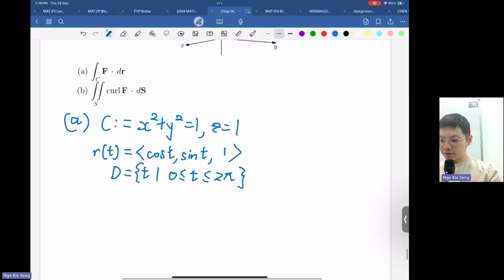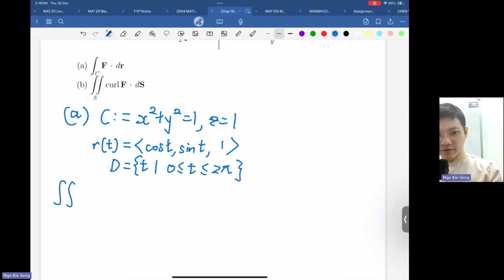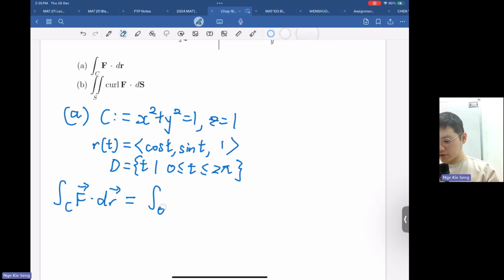So now you can compare the difference between line integral and surface integral. How do we compute this work done? We need to take the integral from 0 to 2 pi of F applied on my line, dotted with r prime of t, dt.